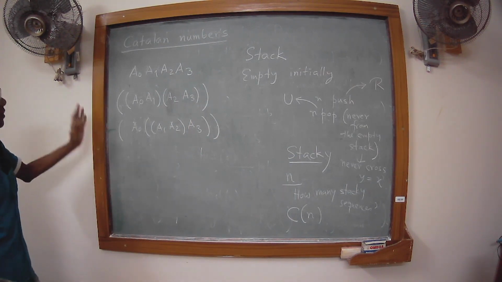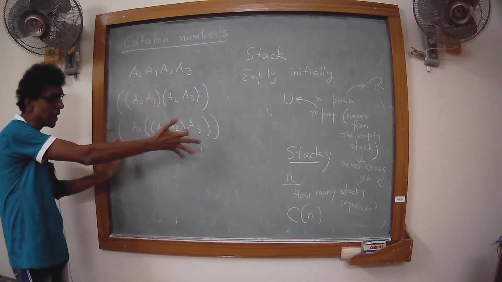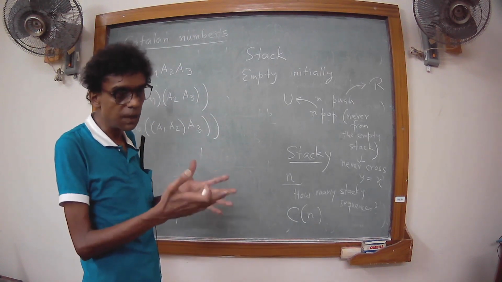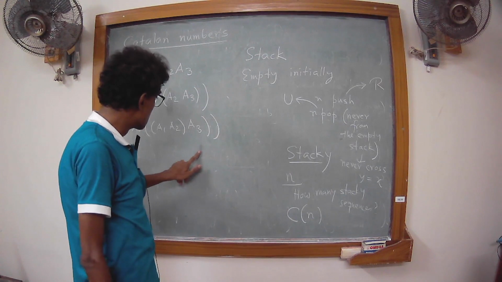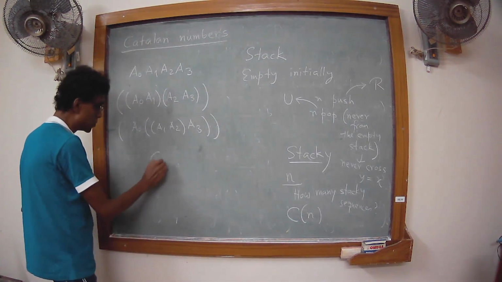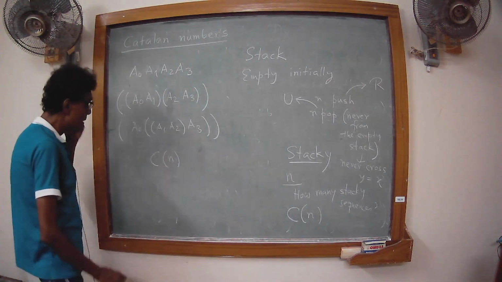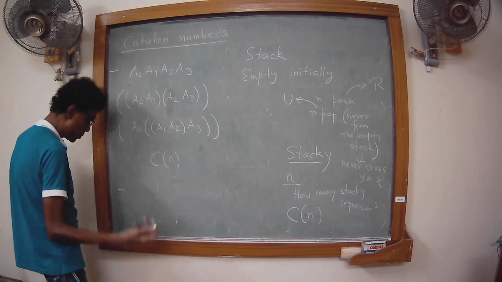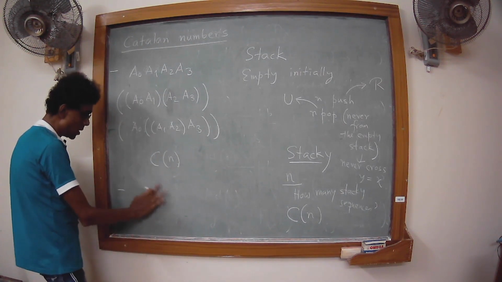The question is, in how many ways can you parenthesize the product explicitly in order to make the multiplication pattern explicit? This number again turns out to be C of n. Maybe we will prove it sometime as a tutorial exercise.